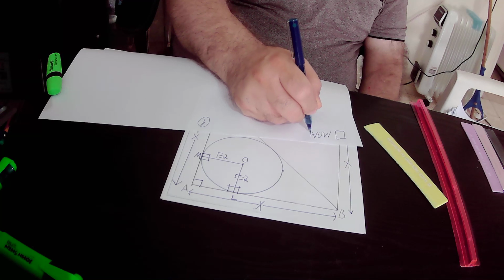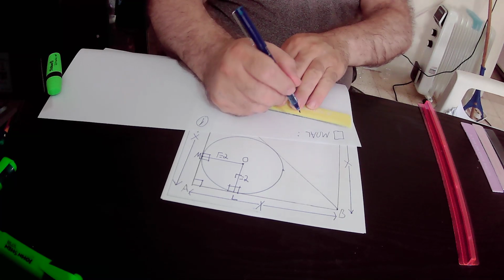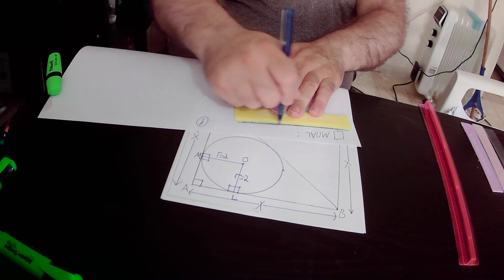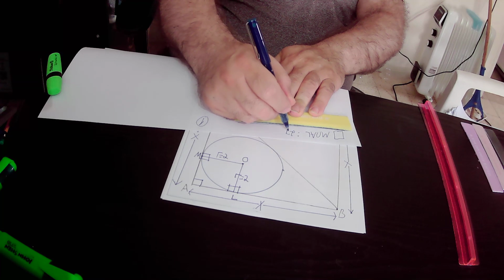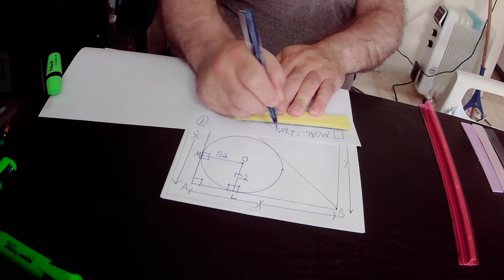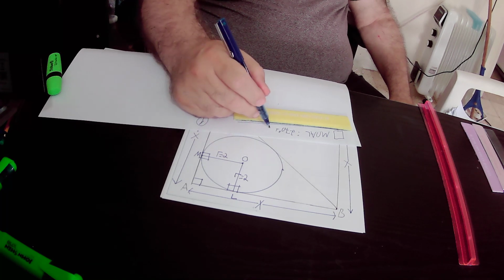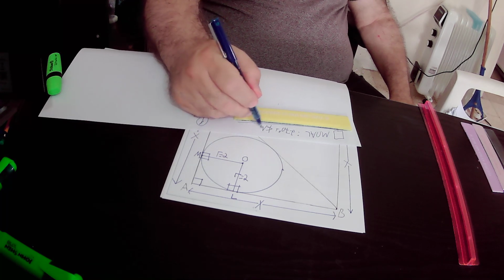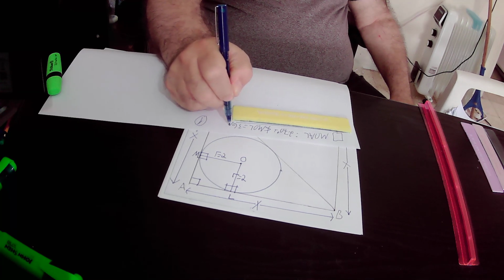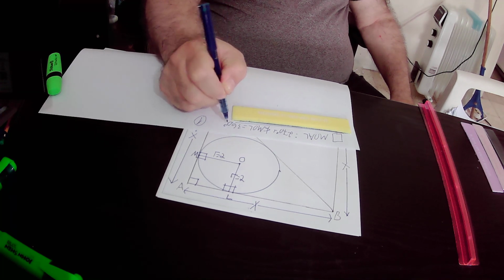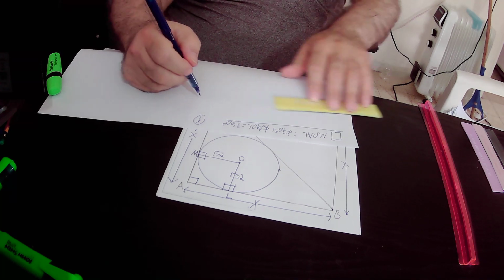In quadrilateral MOAL, we have 3 right angles, and the sum of 3 right angles is 3 times 90 degrees, it is 270 degrees, plus the size of the fourth angle, that is actually angle MOL. In total, the sum of those 4 angles must be equal to 360 degrees, according to the rule that the sum of the angles in any quadrilateral is equal to 360 degrees.